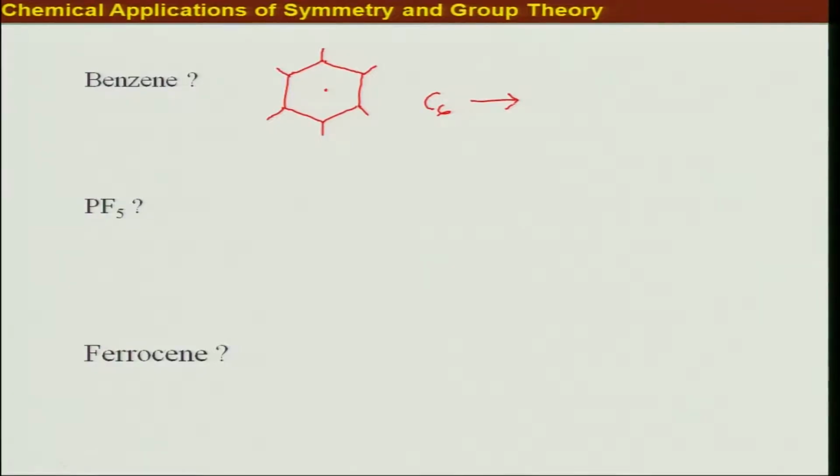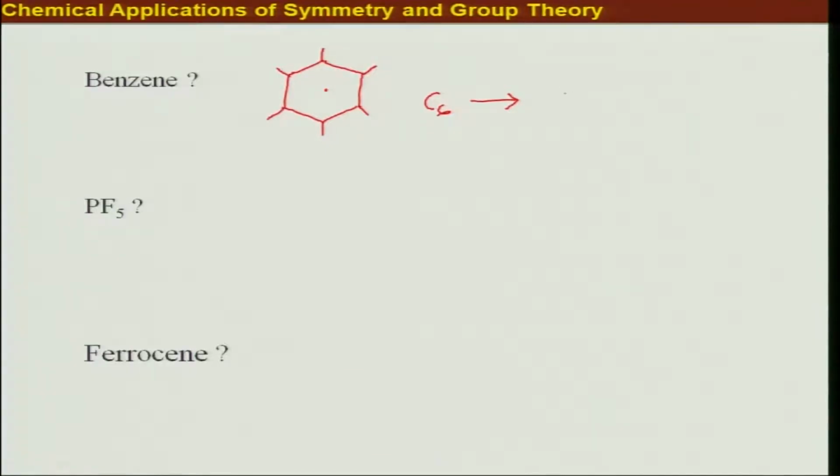So we directly go to step 4 and 5. In order to do that, we have to ask a question. Are there 6 C2s perpendicular to this C6?